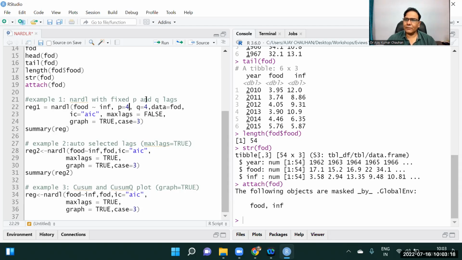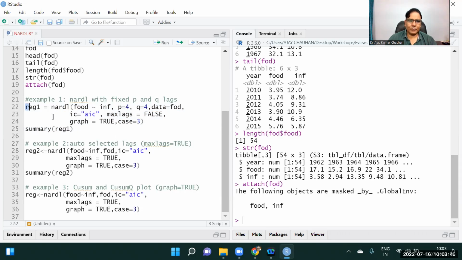Here AR values are 4, DL are also 4, data is food, and the Akaike information criteria is used. Maximum lags is false. We are taking fixed values. Graph is equal to true, case is equal to 3. Okay. So this is the format of the model.